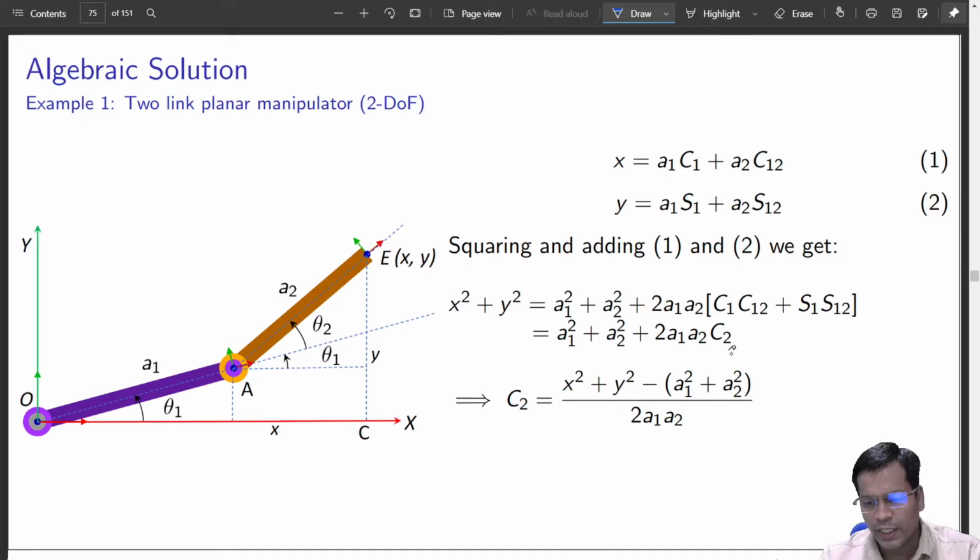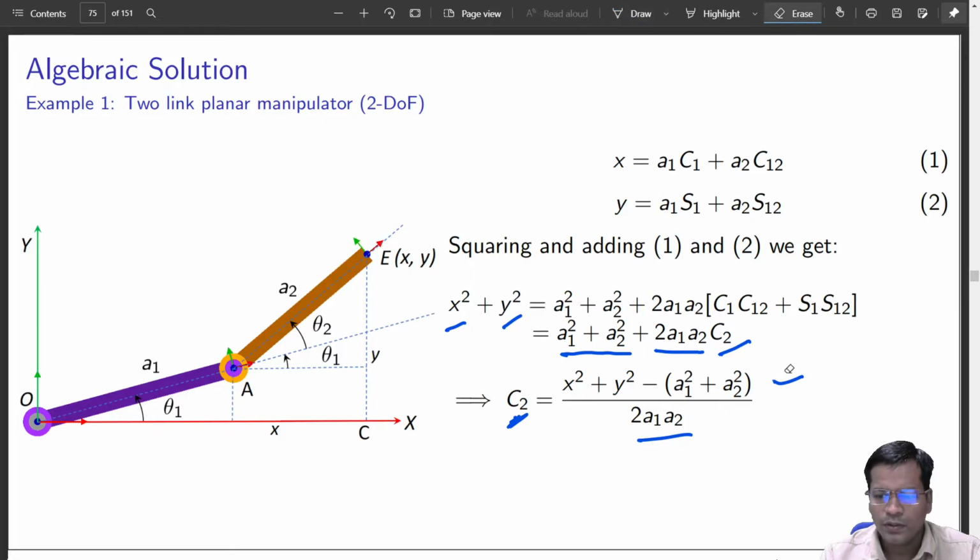If you isolate c2, what you will get is x square plus y square minus a1 square plus a2 square, divided by 2a1 a2. It is quite simple and easy to understand, and you can reach here directly using the cosine rule. That also is a way of reaching here.